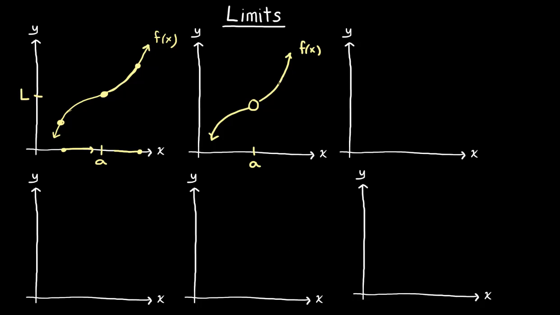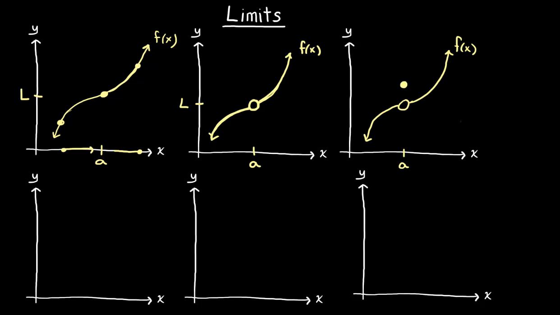As we move down, as x approaches a from the right, we are approaching this hole here. Even though there's not a value there, we are approaching it. And as we approach from the left, we are approaching where that hole is. So this one, even though the function is not defined at x equals a, does also have a limit. We will call that limit the real number L.